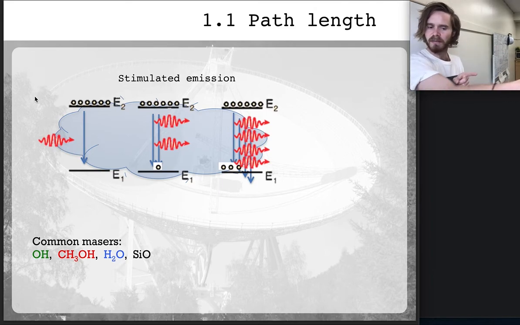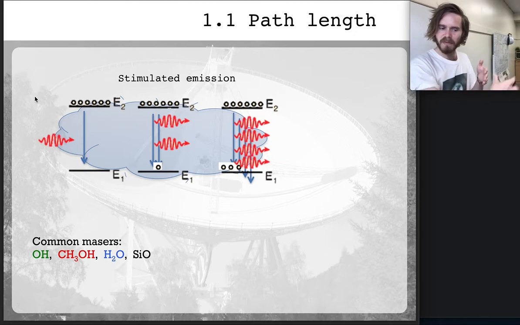But as long as there's still more gas ahead of you, you can do that again. You can repeat this process. So each of those 2 photons now are going to stimulate the emission from this population inverted gas, and now each of those 2 photons produces 2 photons. So now you have 4 photons. And then you see where this is going, right?